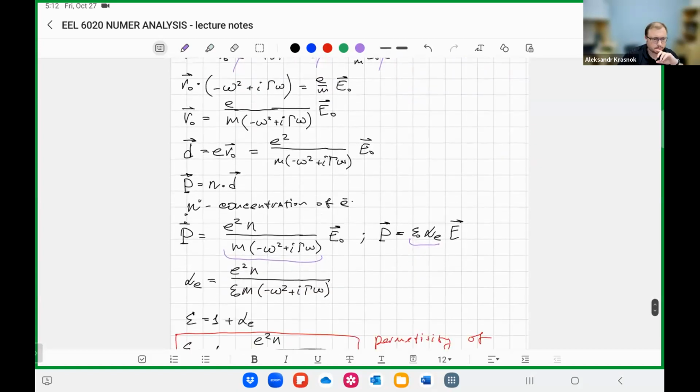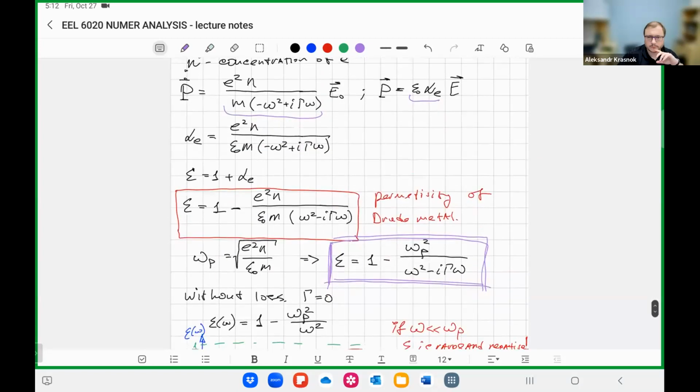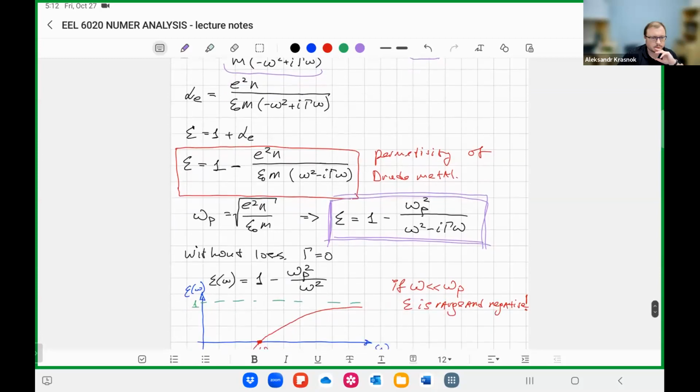We derived the polarization and the polarizability alpha E for the metal, and this allowed us to derive a simple formula for the permittivity of such a Drude metal.